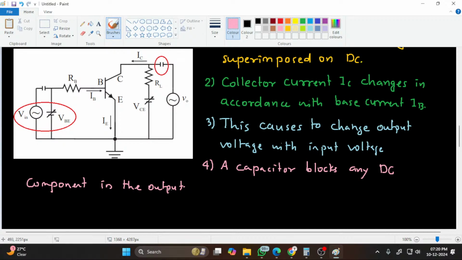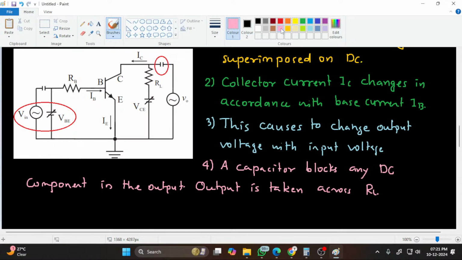The output is taken across load resistance RL. Let us discuss the working of the amplifier.